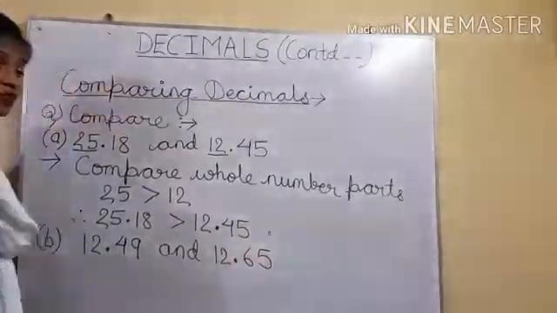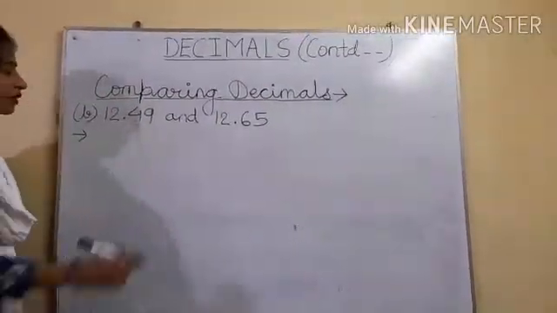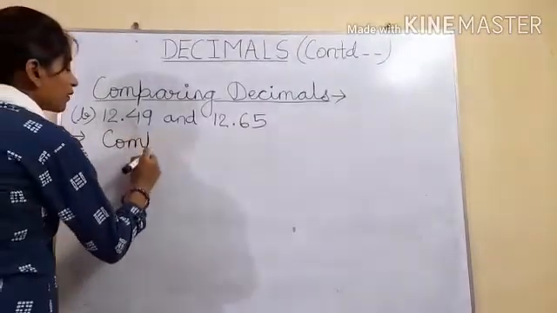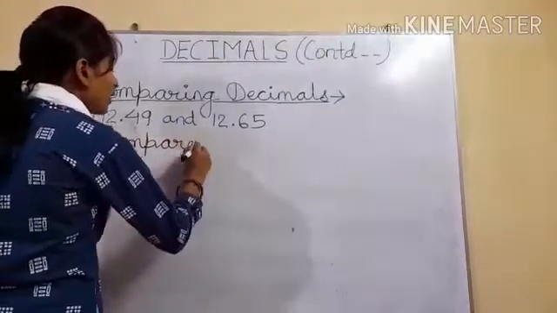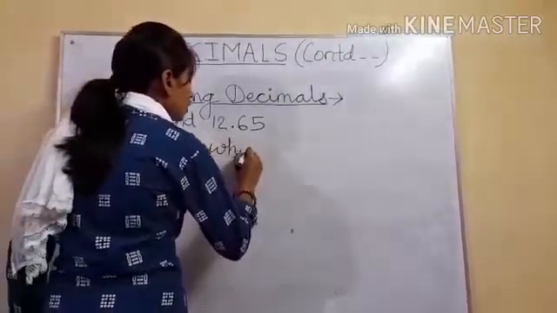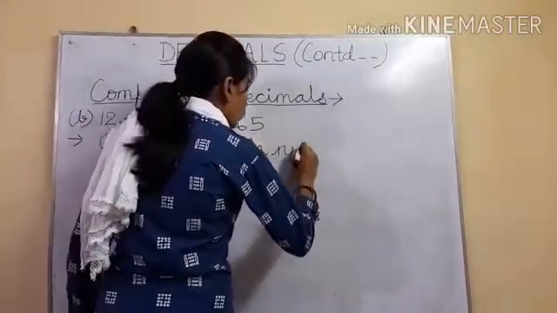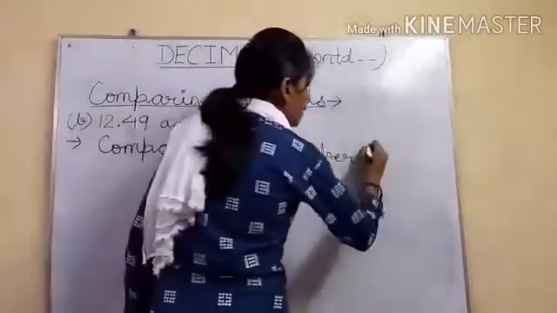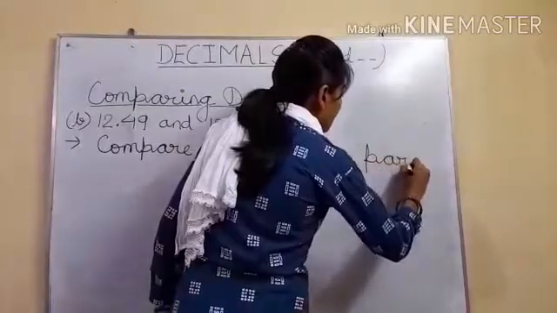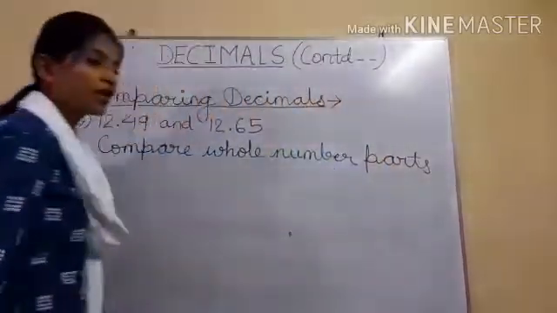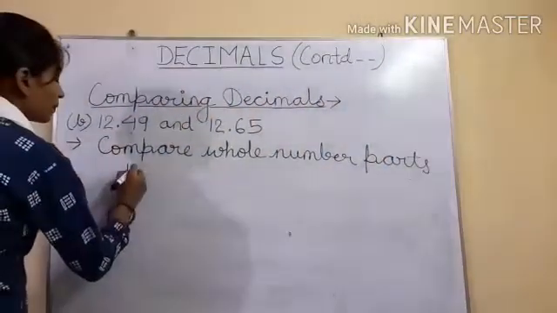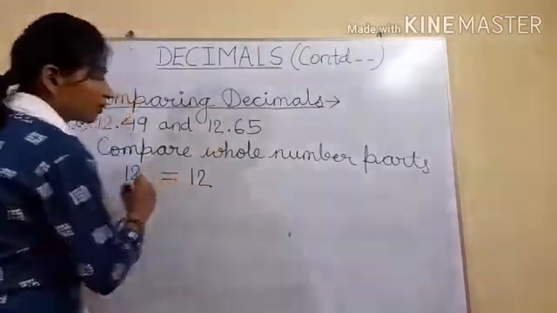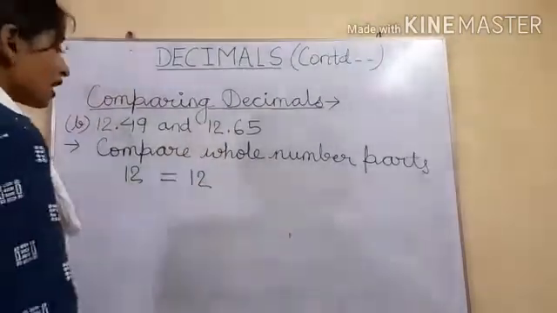First, we will compare whole number parts. Here the whole number part is 12. Here also the whole number part is 12. Both whole number parts are equal.